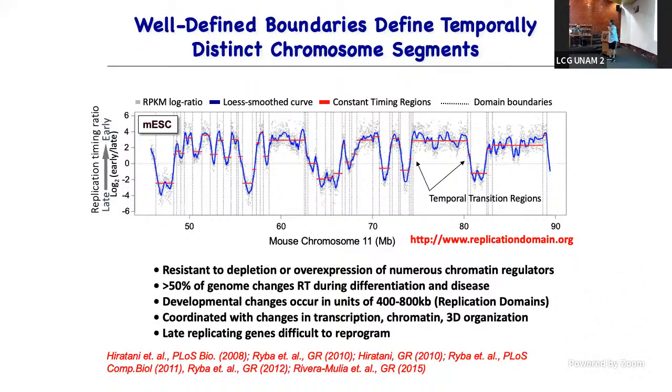We found those had exactly the same replication timing program. It differed from fully reprogrammed cells in very specific regions, regions that are early replicating only in pluripotent cells. And they contain the genes that fail to reprogram in partially induced pluripotent stem cells.